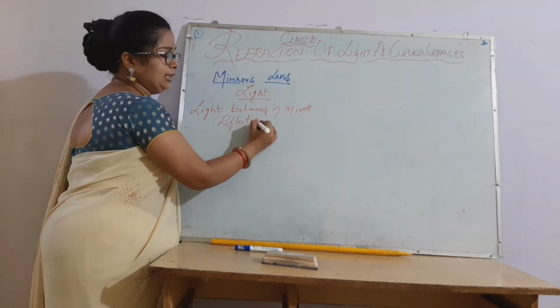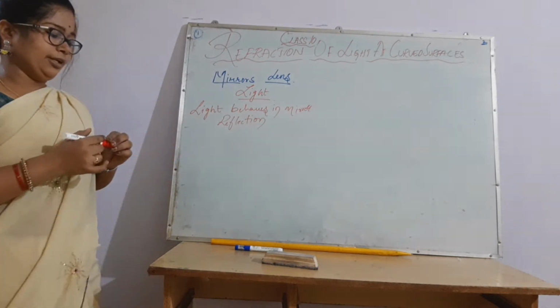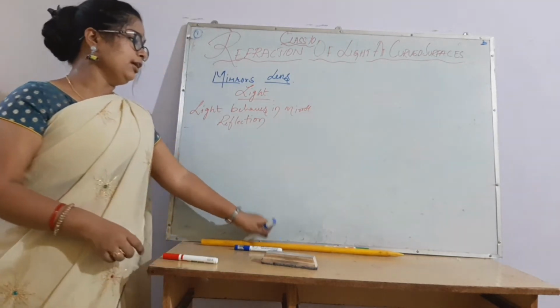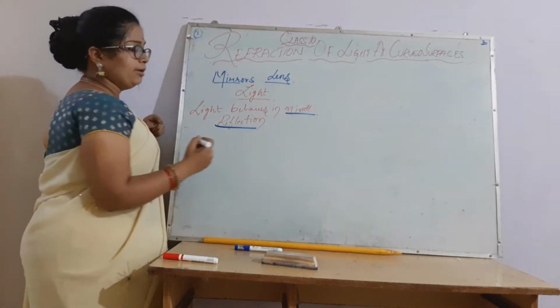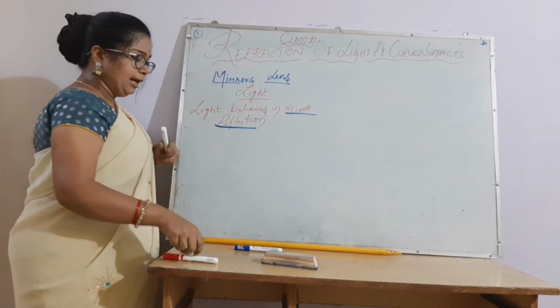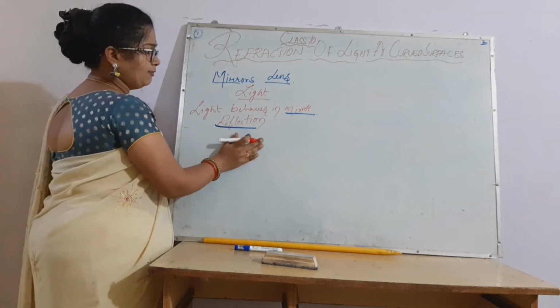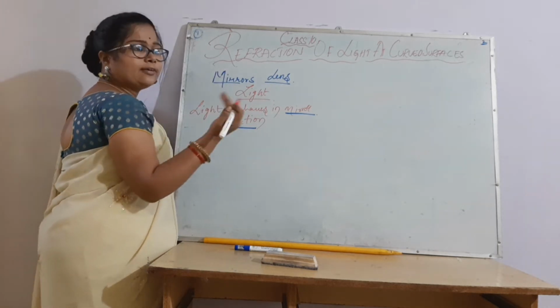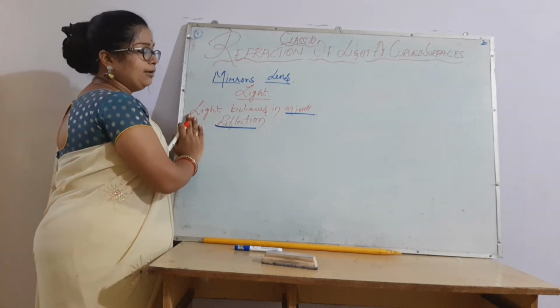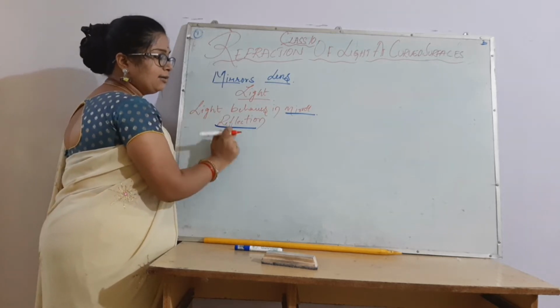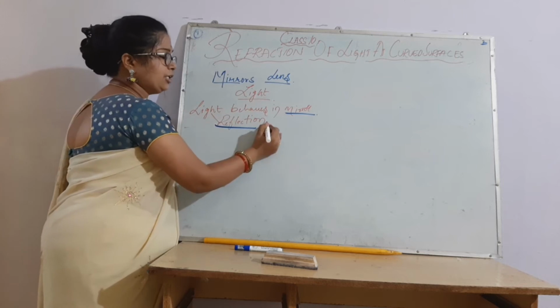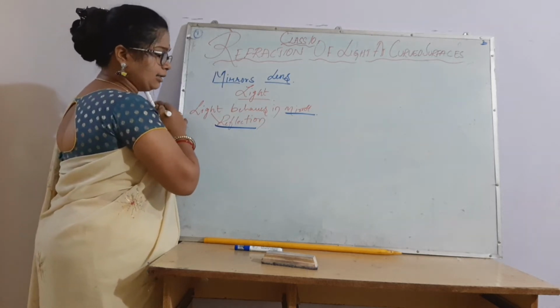Reflection of the light tells you how light behaves in the case of a mirror. In other words, you can say light behavior during reflection. Light, reflection, mirror. Reflection is mirror. You get that point.